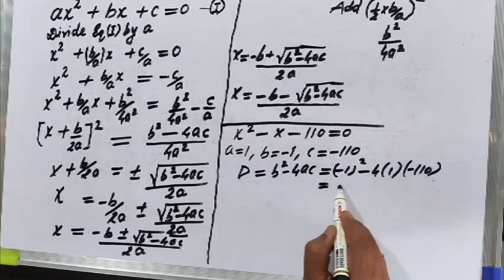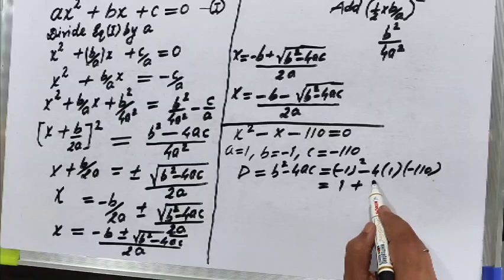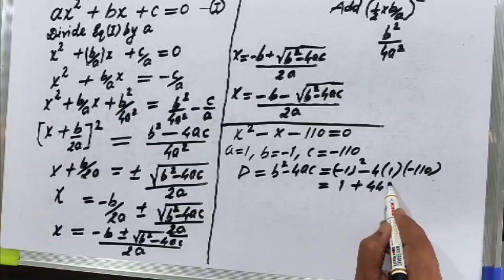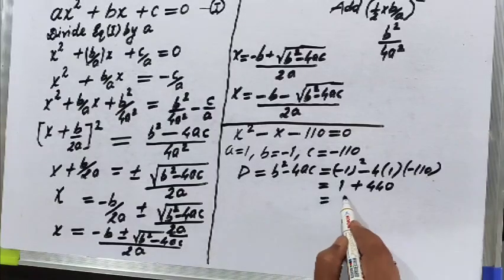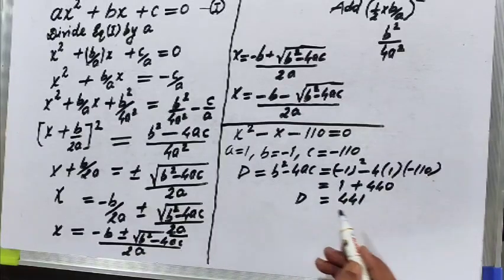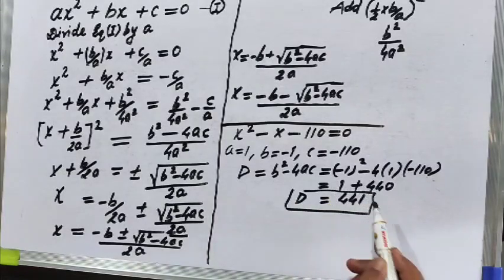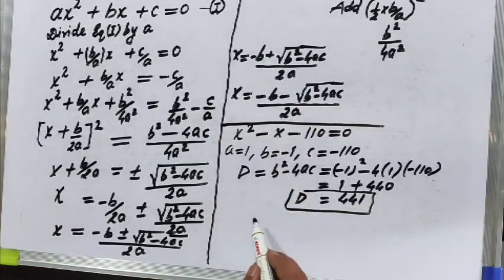After simplification you will get 1 plus 440, which is equal to 441, the value of d. Now once you get the value of d which is greater than 0, there are two roots possible.